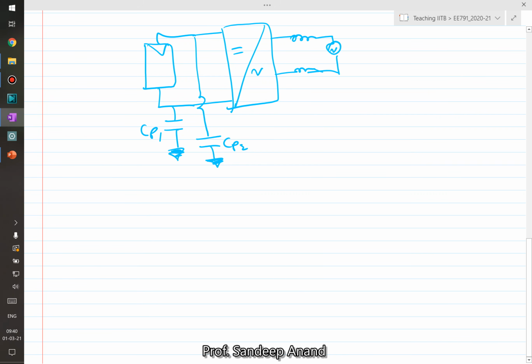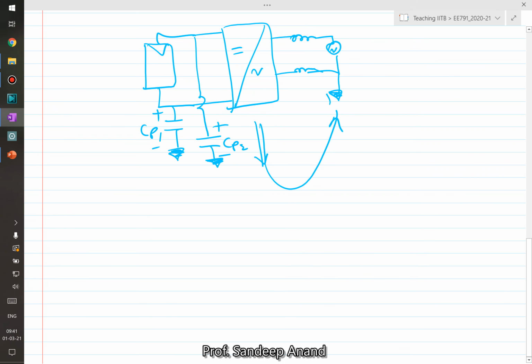One thing we assumed is that the voltage appearing across these parasitic capacitances CP1 and CP2 has a high frequency component, and because of that, the current flows to the earth and then goes back and completes the path through the circuit.